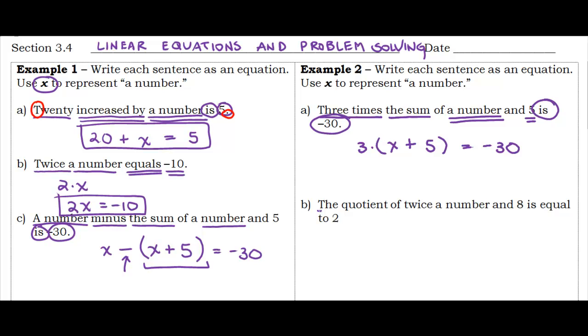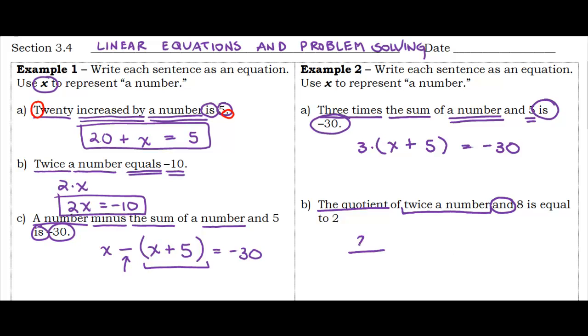Okay, the quotient, division, and how in this class are we going to represent division? Fraction bar. Now someone said something a while back, I kind of like that. See that? So, twice a number. Where does that go?